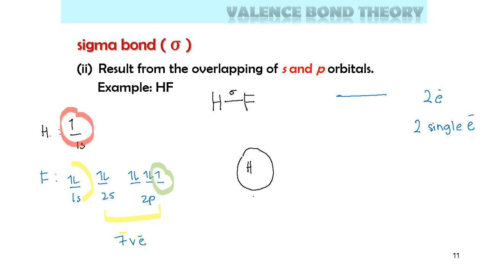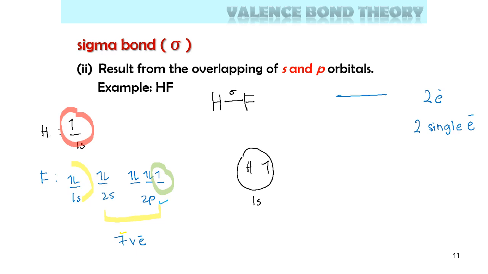You have 1 s orbital here with 1 electron. For the next atom, fluorine, since this is valence, to show the overlapping of the valence electron, you can see the single electron here, I highlight in this green circle. This one single electron is in orbital 2p.